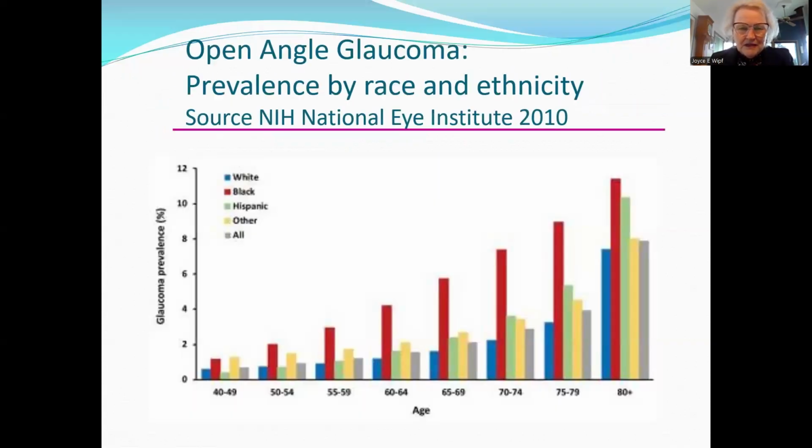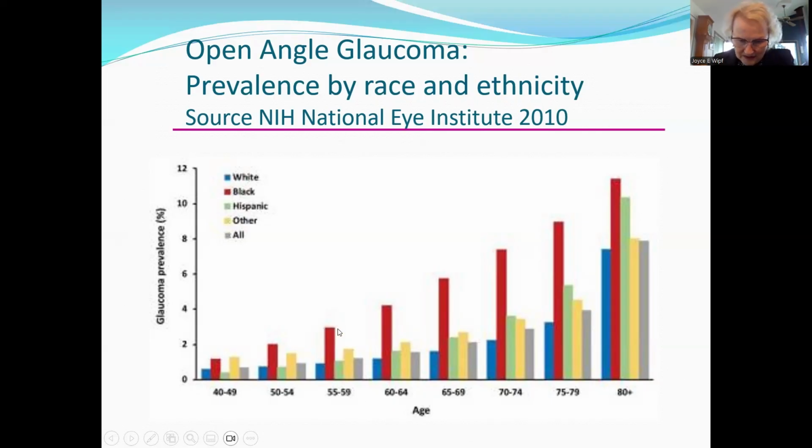So this is a quite prevalent condition, and it also has an association by race and ethnicity. The source of this image is the NIH National Eye Institute from a decade ago, but more recent data is similar. So what we're looking at is glaucoma prevalence in white individuals in blue, Black in red, Hispanic in green, other ethnicities, and then all.